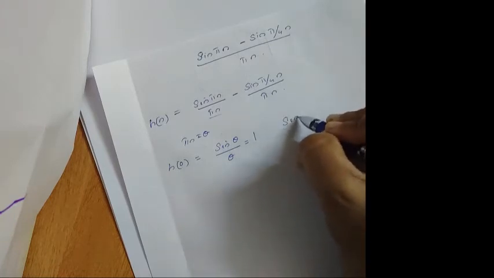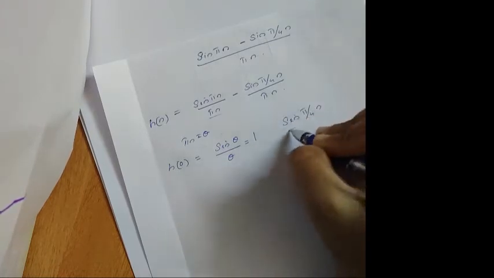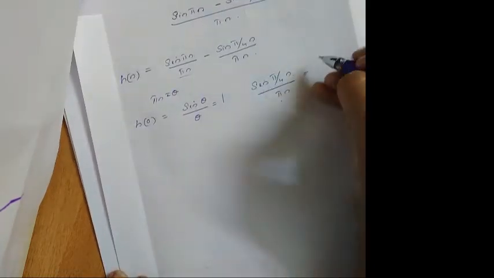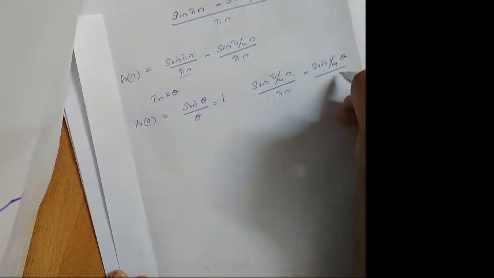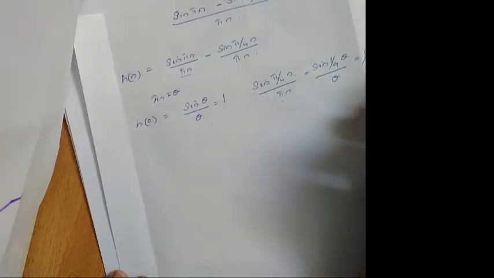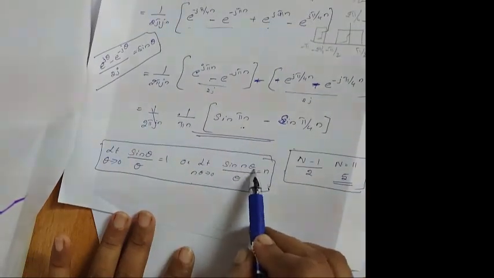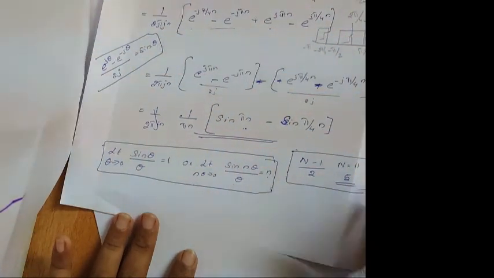And sin pi by 4 n by pi n, that you can take it as pi n is also theta over here. You can take it as sin 1 by 4 theta by theta, that is equal to 1 by 4. Why? Because sin n theta by theta is equal to n. Here this is your n value.